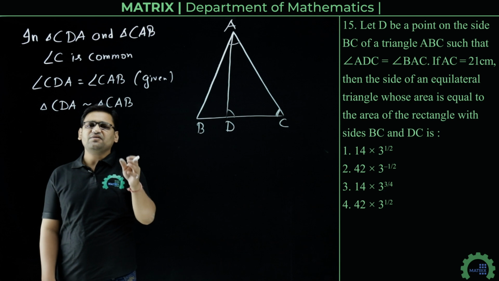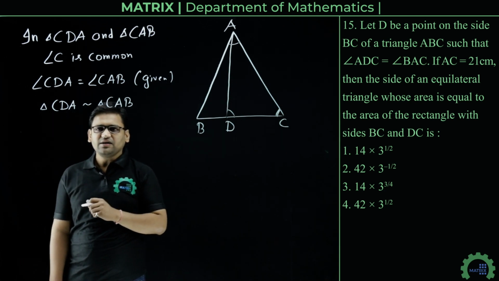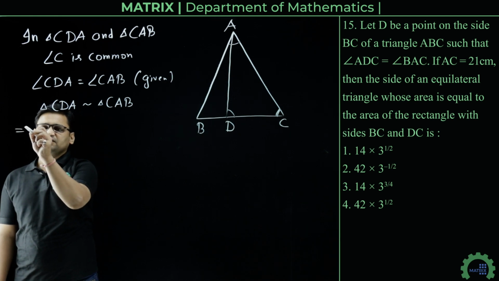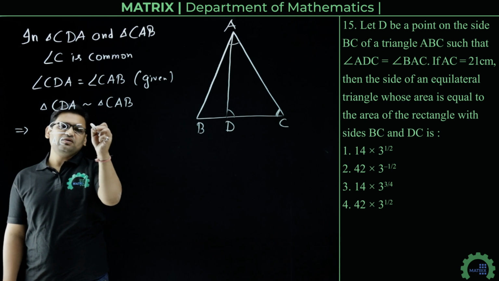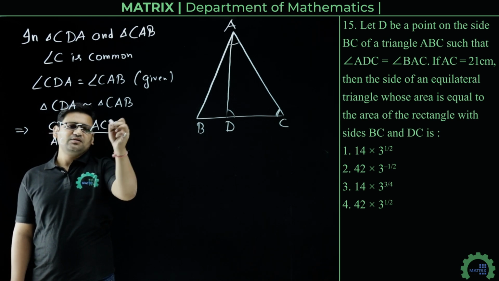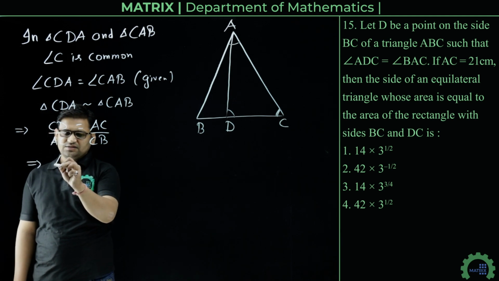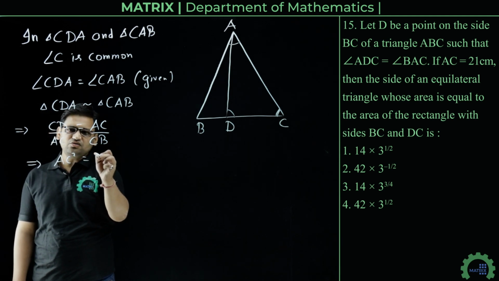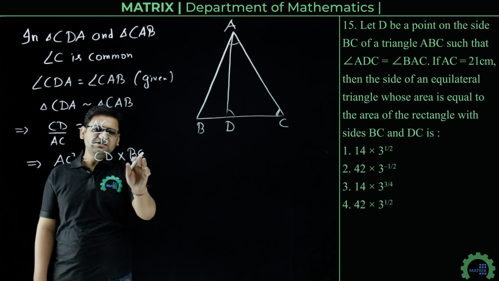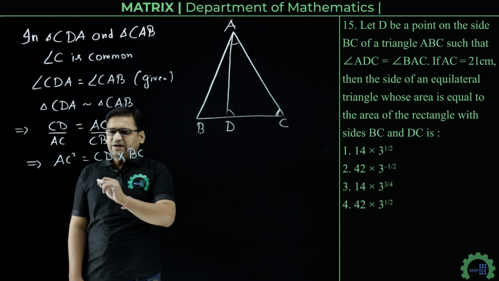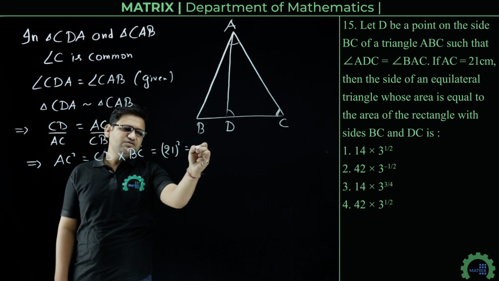And we know that if two triangles are similar, then the ratio of their corresponding sides are equal. So we can write CD upon AC is equal to AC upon CB, and so we can write AC square equals CD into CB or BC.